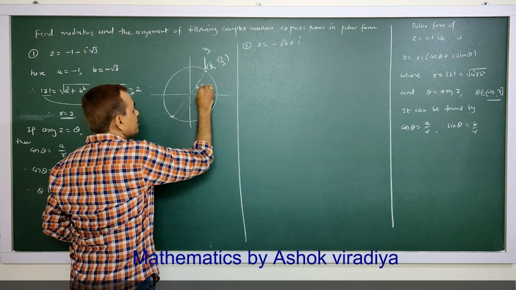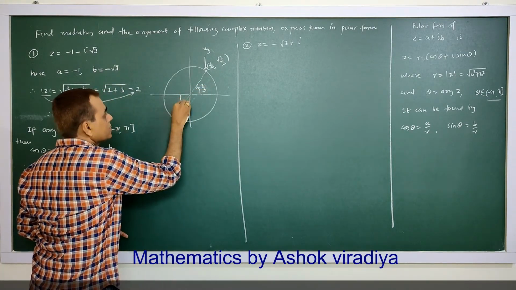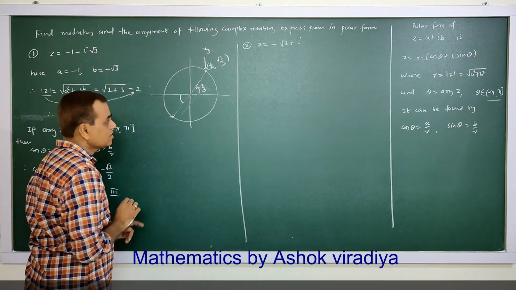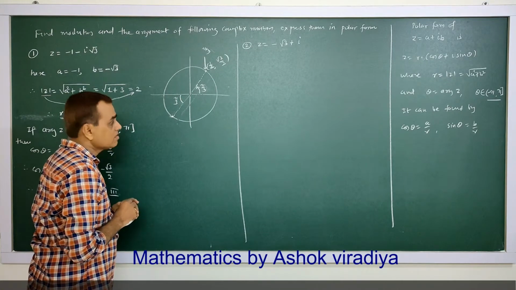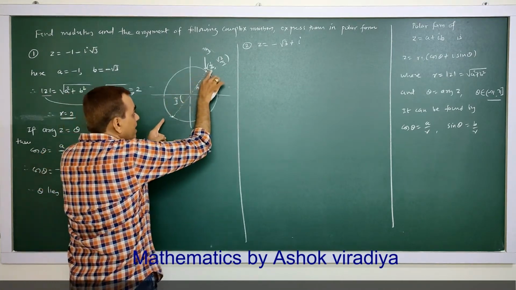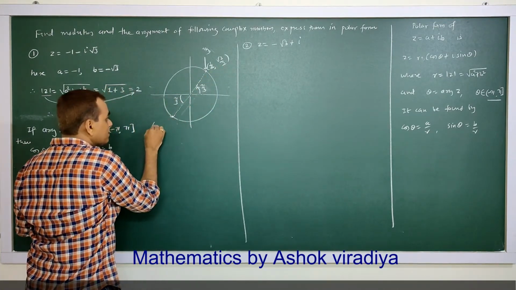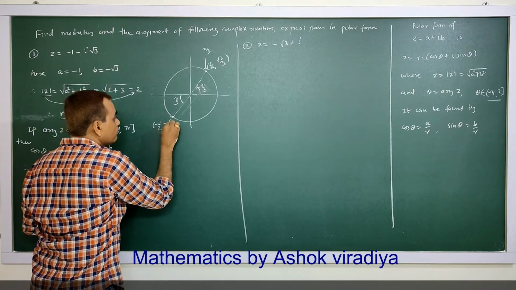This was pi by 3, so this is also pi by 3. Now 1 by 2, root 3 by 2, so this will be minus 1 by 2, minus root 3 by 2.